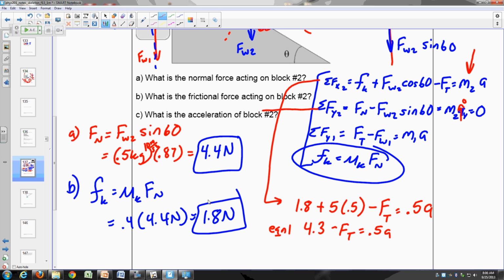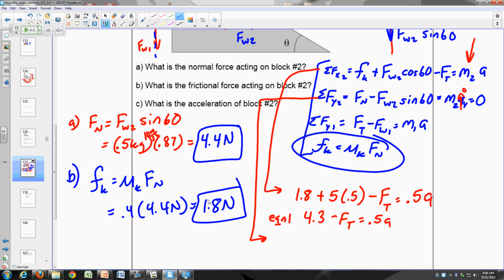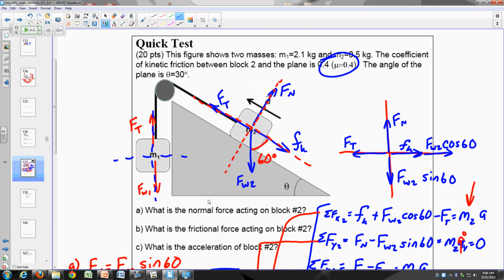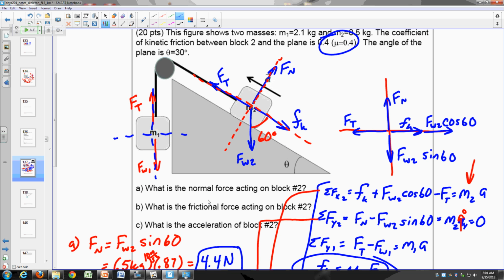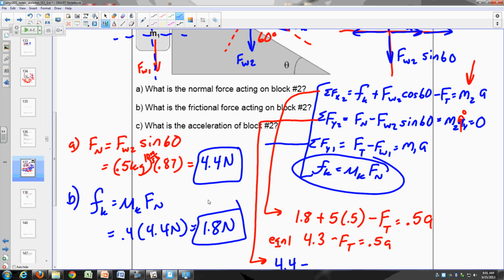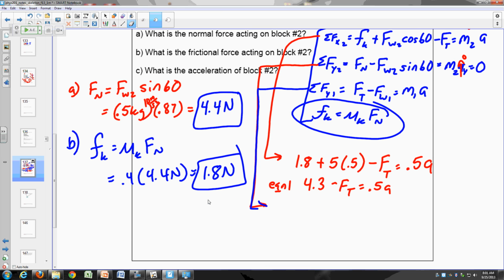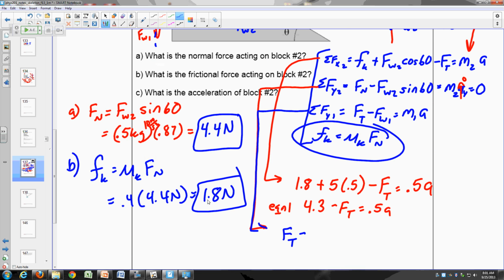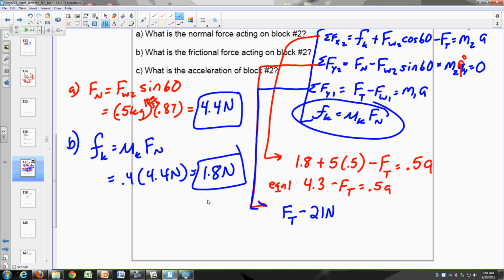And then here, it's going to be Ft minus Fw1, 21 newtons, equals 2.1 times a.